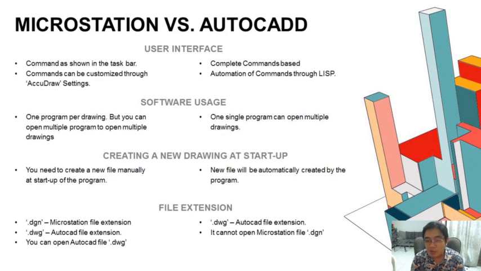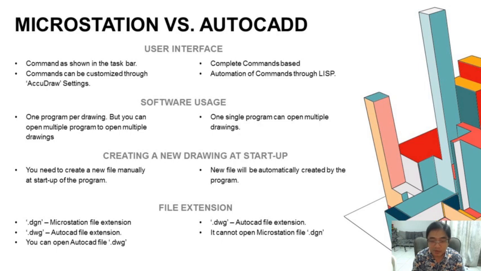We will talk about the major differences between Microstation and AutoCAD software. First is the user interface. As we all know, when we use AutoCAD, we are already familiar with all the commands. AutoCAD is a complete command-based software, though there are also icons that you can select.